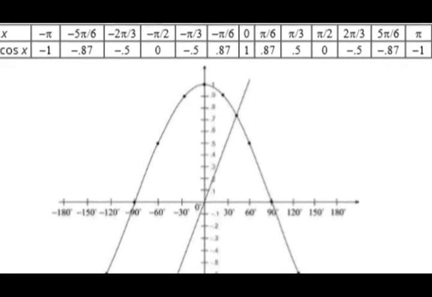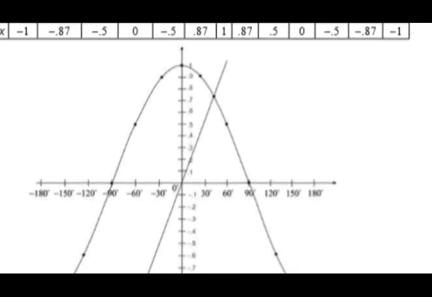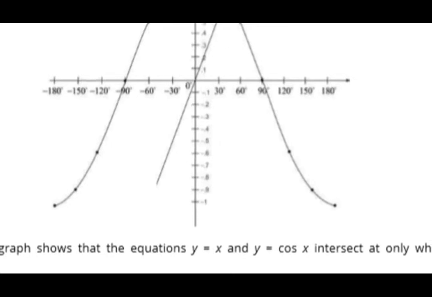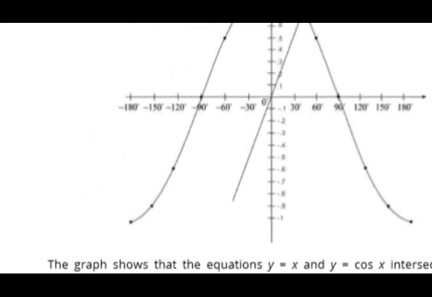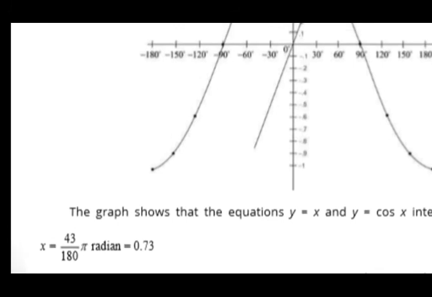We draw both these graphs. One is a straight line and one is the curve of cos x. Both graphs cut at only one point, and where they cut we vertically draw a line down to the x-axis and find the point where they meet, and this is the solution set, and this is 0.73, where both these graphs intersect.